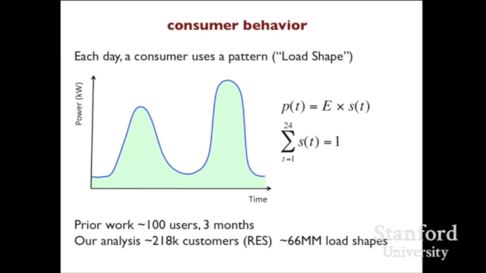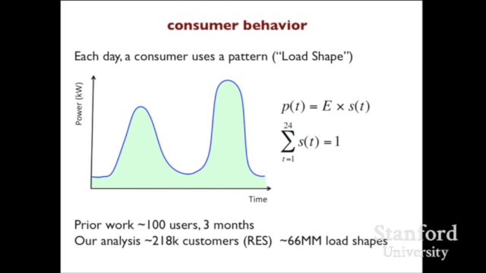Well, the load shape is the following idea. I take your daily consumption and I normalize out the total energy. Now I look at this normalized time series. Okay, so after I normalize, this will sum up to 1. And what I want to figure out is how many load shapes are there in my customer population.